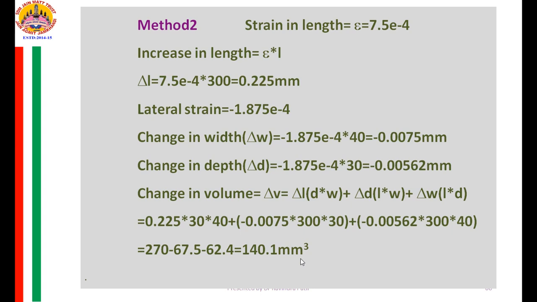From the linear strain, I am calculating the change in linear dimension. And from the lateral strain, I am getting the changes in the lateral dimensions. Afterwards, I am calculating the changes in the volume because of these individual changes and taking the total of them. In both the cases, I will get the same answer.